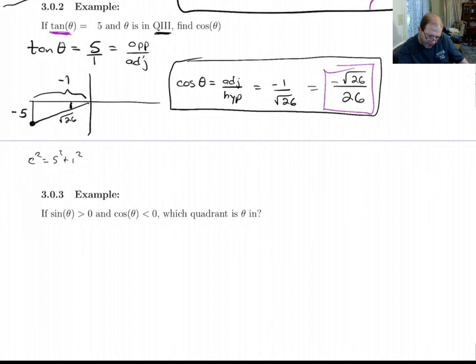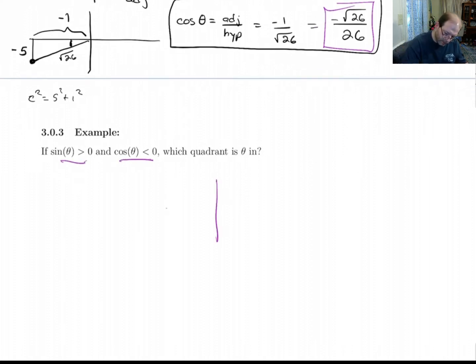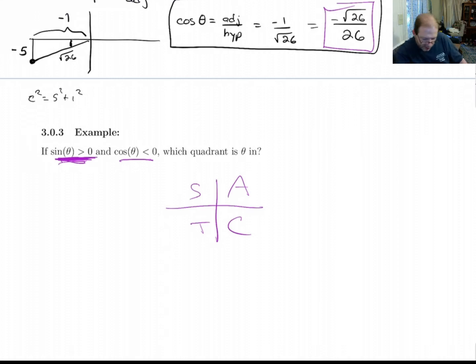Okay, last problem. If sine is positive and cosine is negative, which quadrant are we in? All right, so let's just eliminate or keep quadrants. If sine is positive, that means we have to be either in this quadrant or in this quadrant.